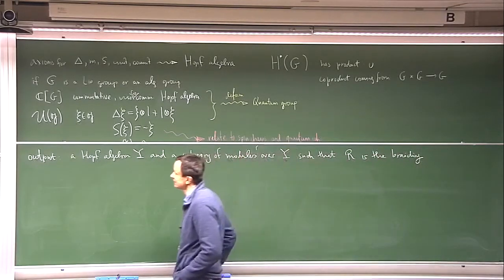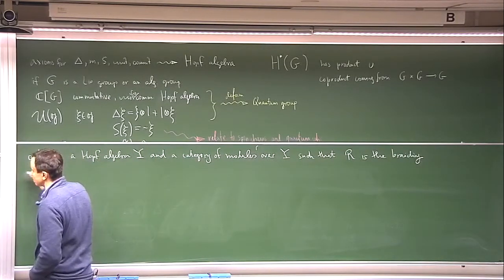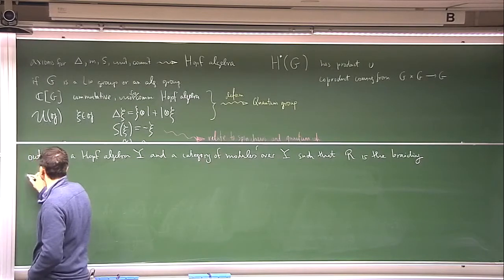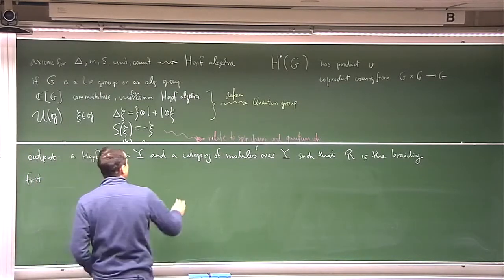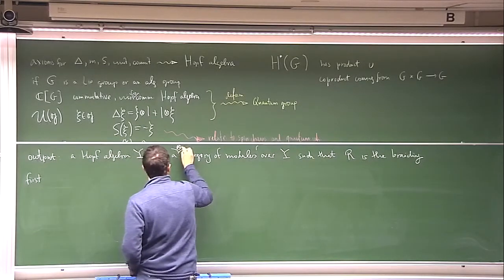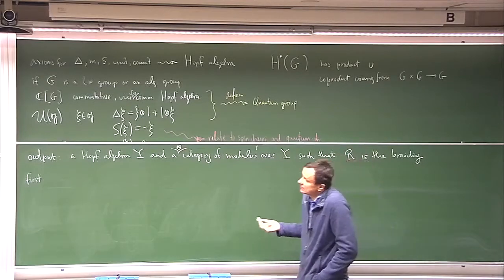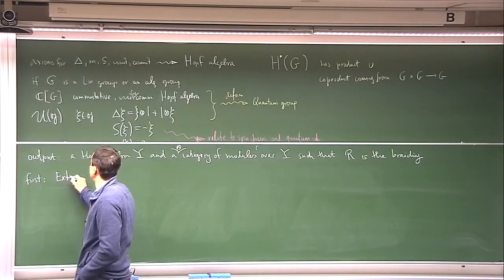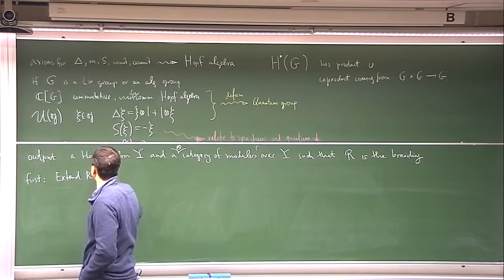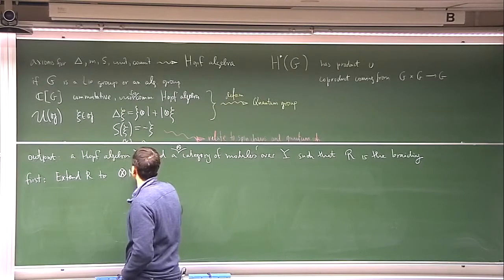So the construction is, first, how do we construct it? The first step, and then the category of modules. First, we extend R matrices to tensor products of the M_i.